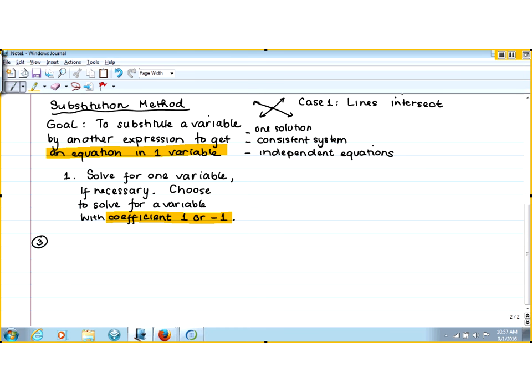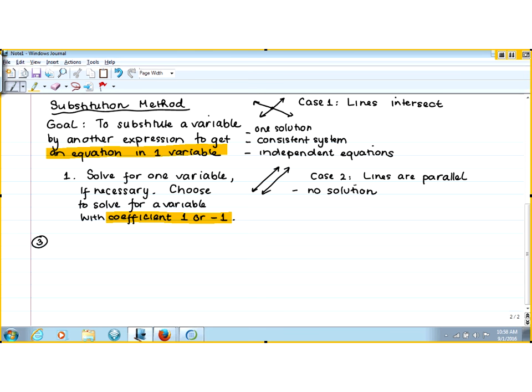Okay, good. So what about case 2? No solution? So did she talk about 2 parallel lines then? Okay. So case 2, the lines are parallel. How many solutions do you have? No solution.